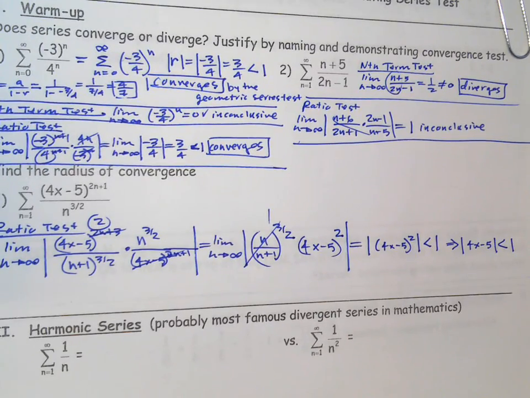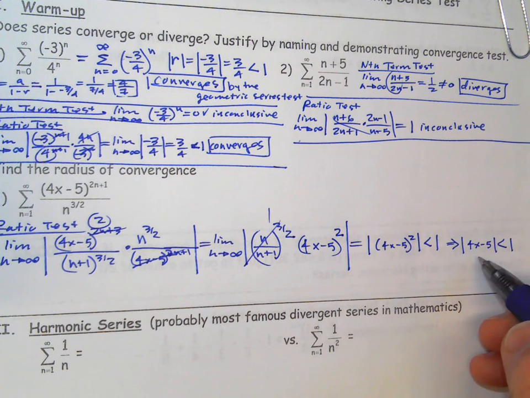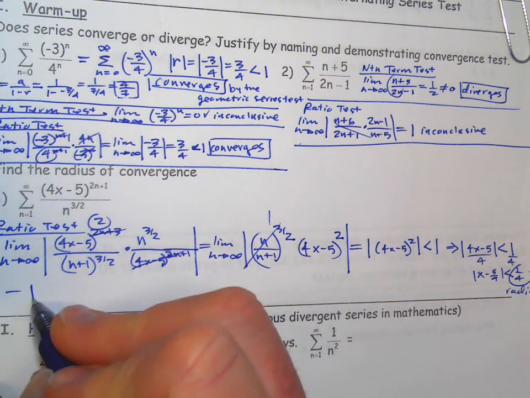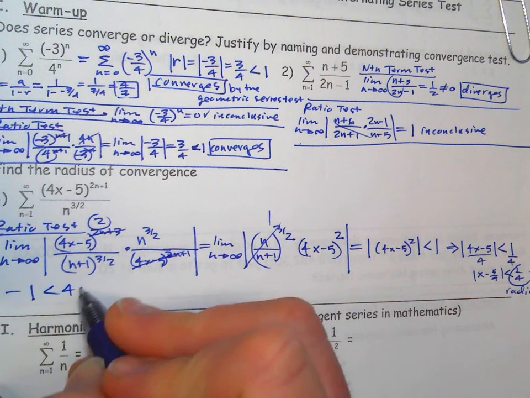Right? So if you want to find the radius, you could divide both sides by 4 right now. And you get the absolute value of x minus 5/4, which is the center, is less than 1/4. So there's your radius, and your center is at positive 5/4. Or you could go ahead and start solving it. Negative 1 less than 4x minus 5 less than 1.